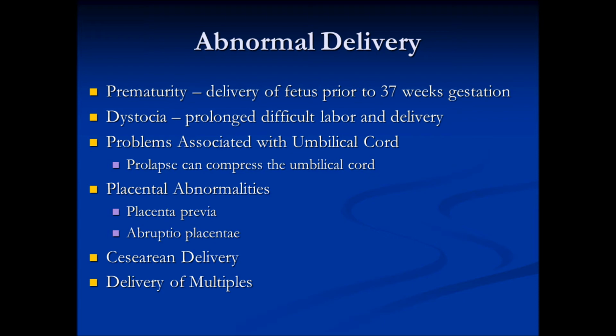Compression of the cord can also occur in the uterus, and when it happens inside the uterus, this is called occult prolapse. Regardless of which type of prolapse you're talking about, prolapse is dangerous to the fetus because it interrupts the blood flow from the placenta to the fetus through the umbilical cord.